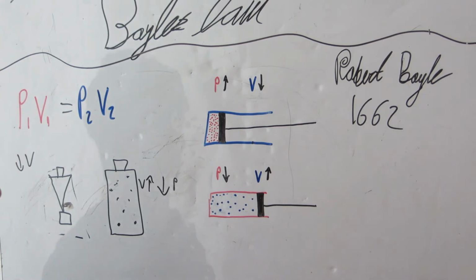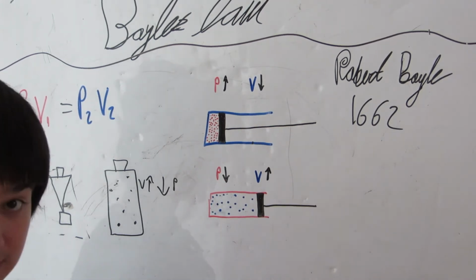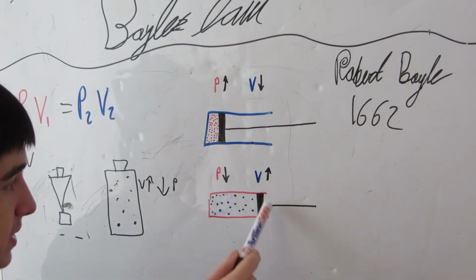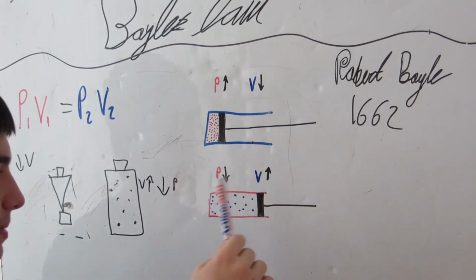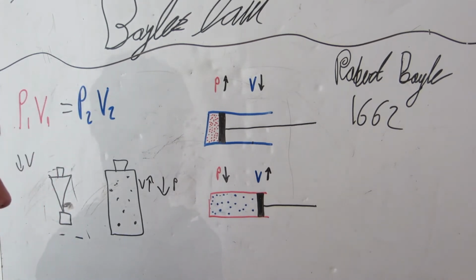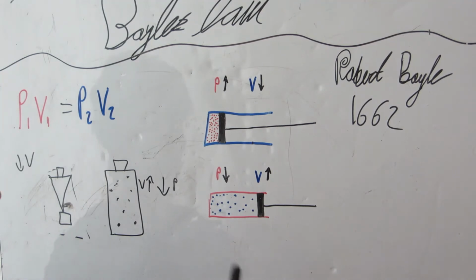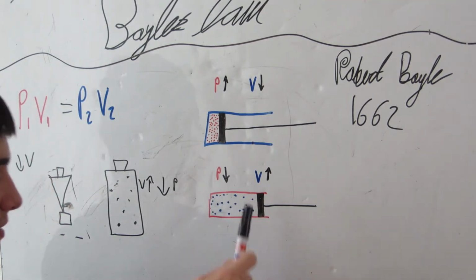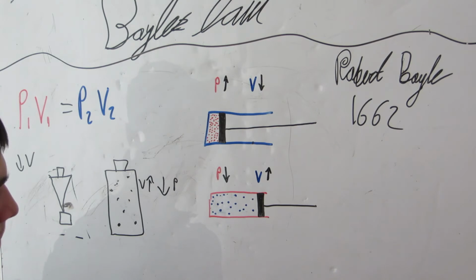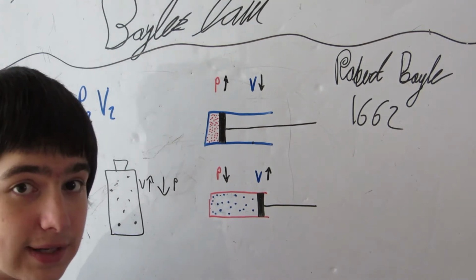What does that mean? It means if we have the same piston, let's say piston A, and then it turns to piston B. In piston A, we filled it up with air, and we can see that there's a high amount of volume, and there's space between the atoms and molecules of air. And there's no pressure because they're not closing into each other and there is plenty of space they can move around freely.